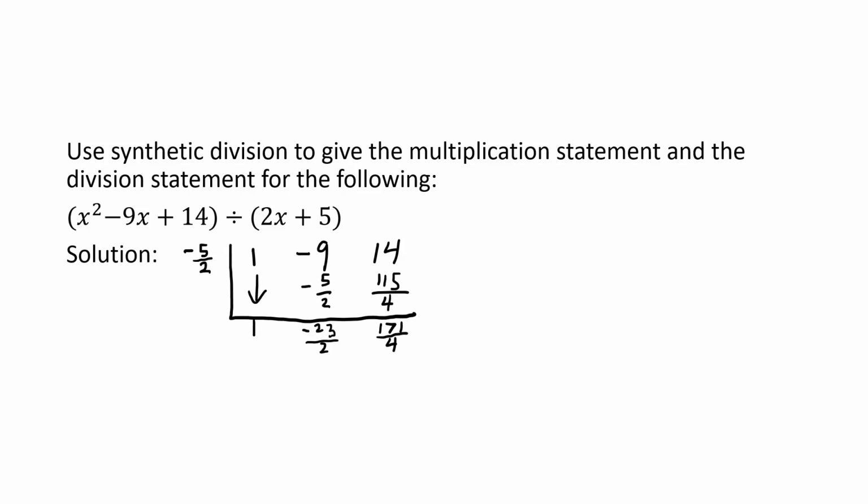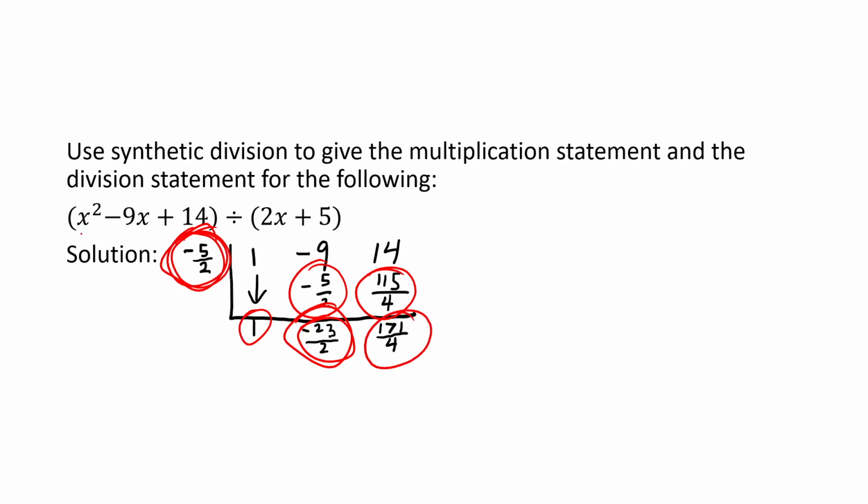So if we're dividing by x plus 5 halves, we've got a 1, a negative 9, and a 14. We bring the 1 down, and negative 5 halves times 1 is negative 5 halves. Now, negative 9 plus negative 5 halves is negative 23 halves. Negative 5 halves times negative 23 halves is 115 over 4, and 14 plus 115 over 4 gives us 171 over 4.